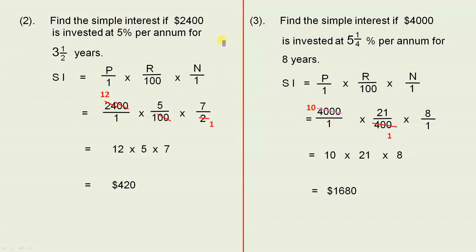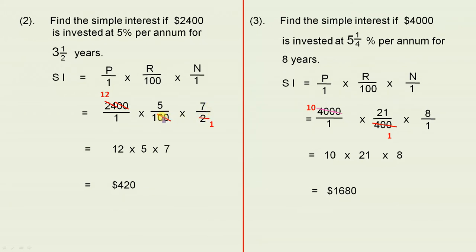Find the simple interest if $2,400 is invested at 5% per annum for 3.5 years. So there's the normal formula. There's your principal, 5 over 100 for the rate, and 3.5 years you express as 7 over 2.